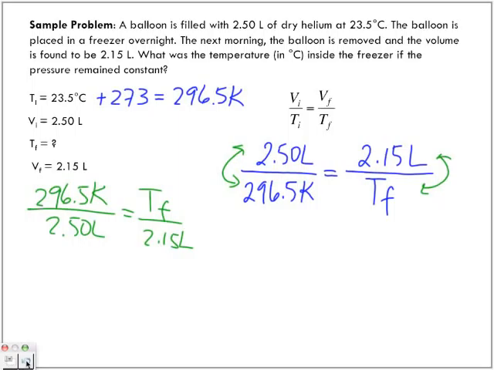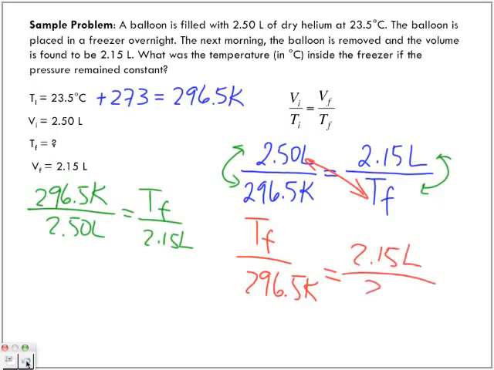Or what you can do instead of that, and I'll use a different color, is switch these two together. It's going to add an extra step, and so we're going to have TF over 296.5 Kelvin equals 2.15 liters over 2.50 liters.